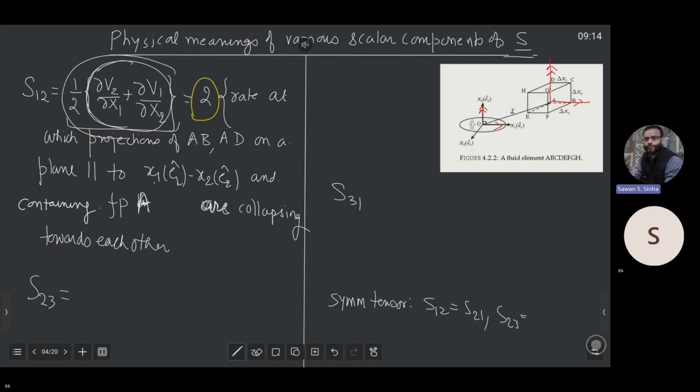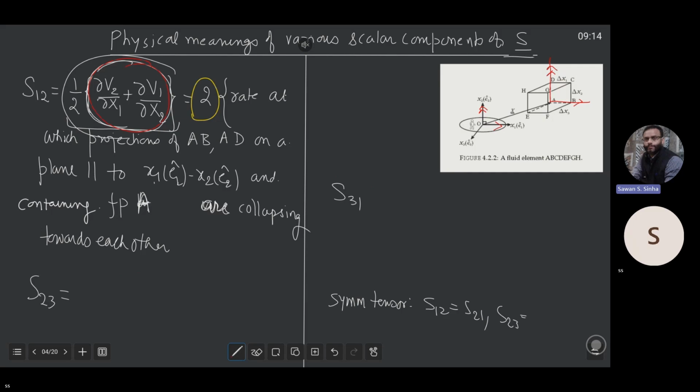So this quantity here is the rate at which the projections of AB and AD on the E1-E2 plane were falling towards each other. Delta alpha plus delta beta, you remember? Limiting value, delta t. That's what it is.